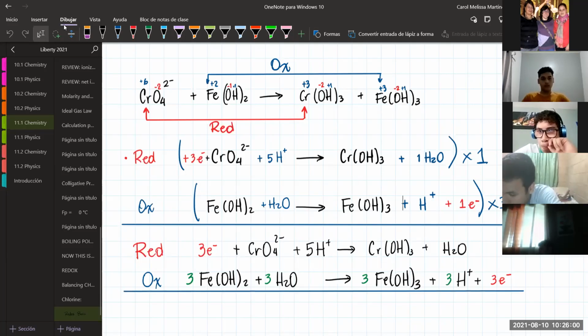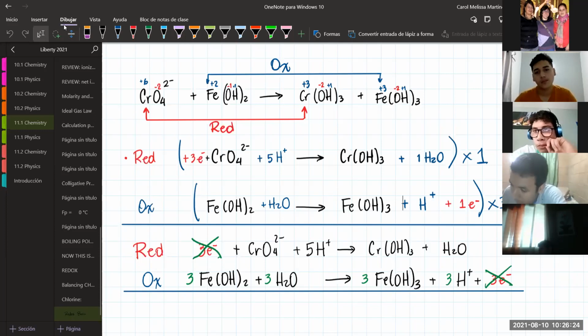We add everything together. Here you can directly cancel the electron. That's what I really do, okay? In this step, I really cancel the electrons in the reactants with my electrons in the product, okay? And I'm just going to write everything together with the same coefficients that they have. Okay?